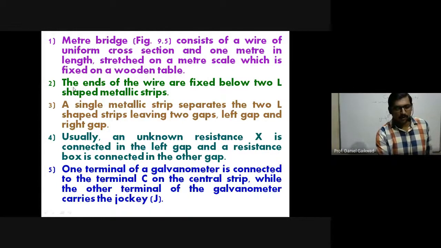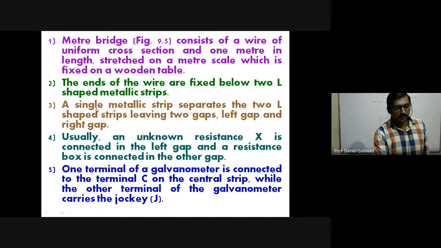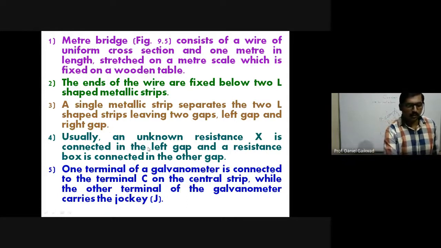Now, second point: the ends of the wire are fixed below two L-shaped metal strips, which will be A and B. Then a single metal strip separates the two L-shaped metal strips, leaving two gaps, left gap and right gap. Already we have explained. Then usually an unknown resistance X is connected in the left gap, and a resistance box is connected in the other gap. So already we have explained this step.